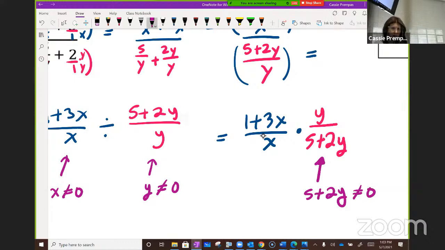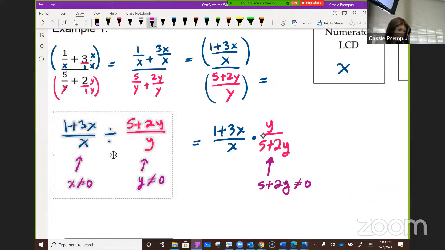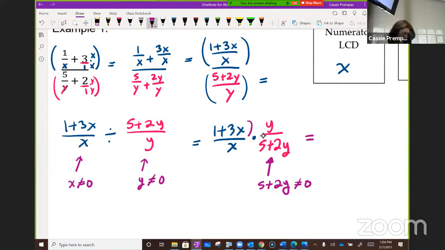Now that I've taken into account all the restrictions, I just multiply across. So in multiplying this 1 plus 3x, I can distribute the y if I want to, or I could just keep it in factored form. I personally like to keep it in factored form so that I can see if there's anything that cancels with the denominator.